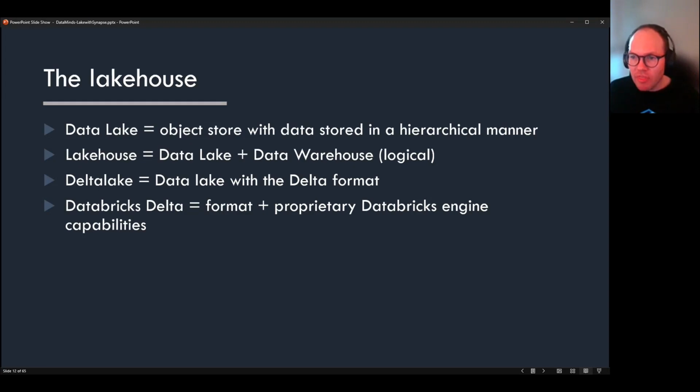And what that means is that the Lakehouse approach is we've got a data lake. So we've got an object store under the covers, but we've got a logical data warehouse. So we've got those similar things that we're used to with the data warehouse. We've got tables, we've got views.